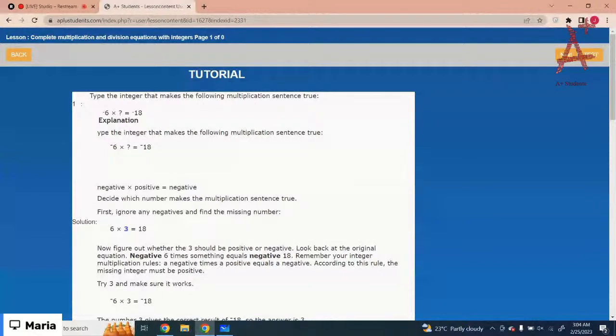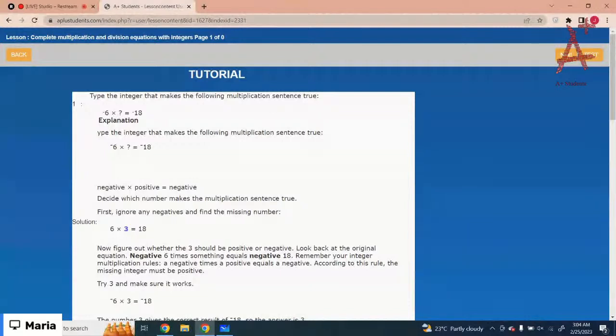Negative 6 times what number equals negative 18?